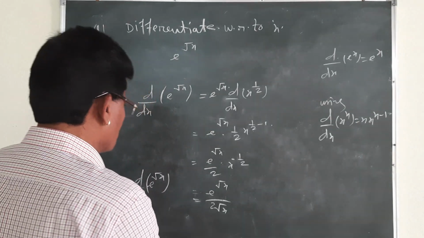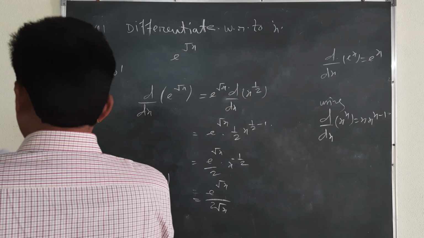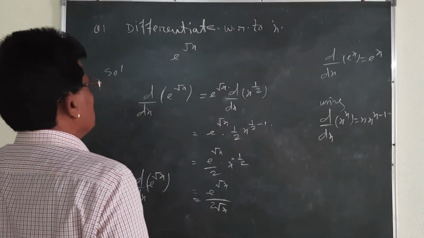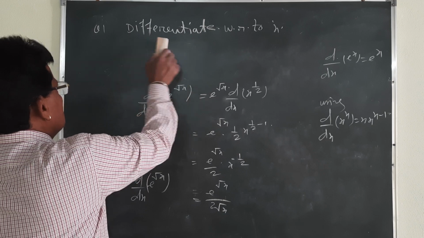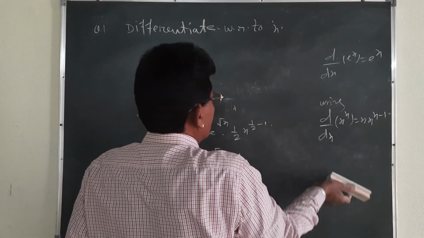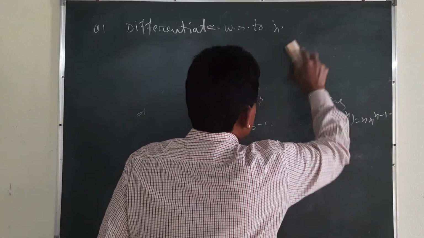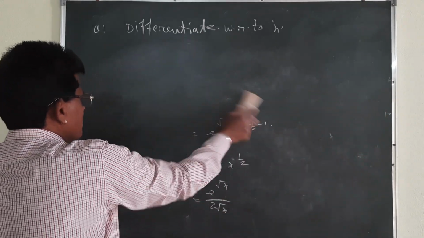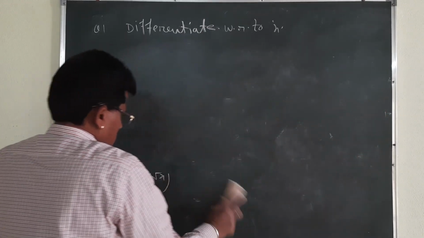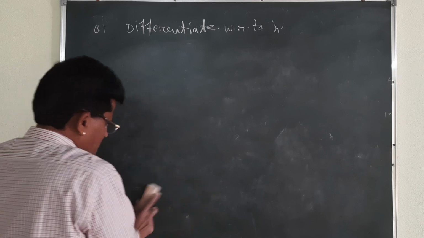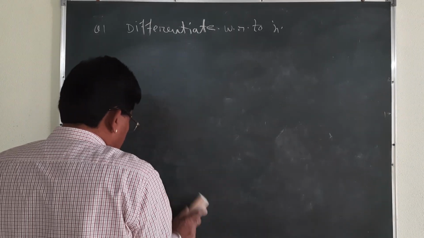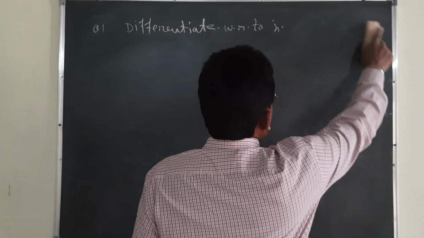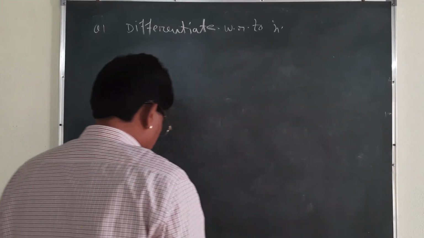Okay, let me take one more question related to that, my dear student. I do hope that you will solve this question if it comes in the examination or in a competitive examination. Very important question. I am telling you this question from the point of view of the class-12 students who are going to appear in the examination in the coming days.